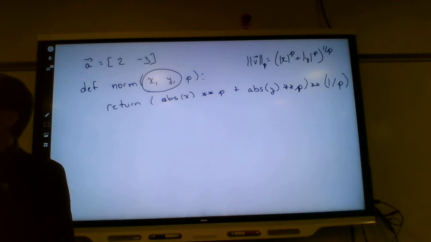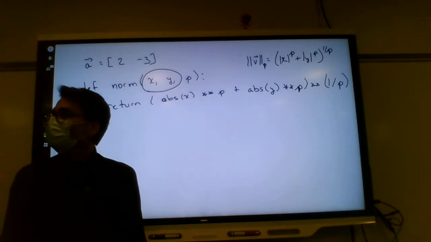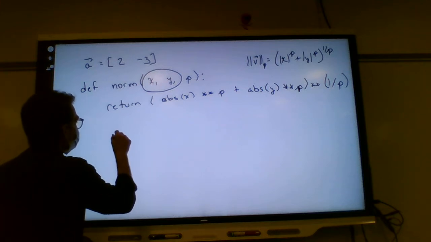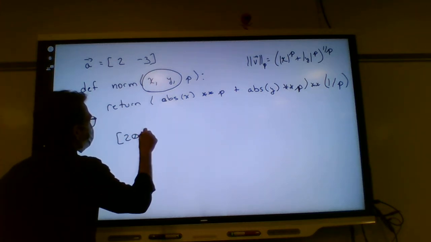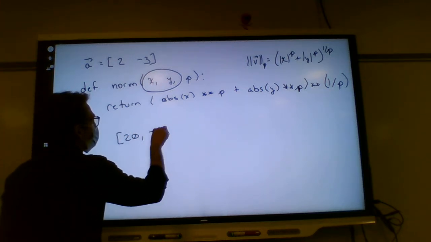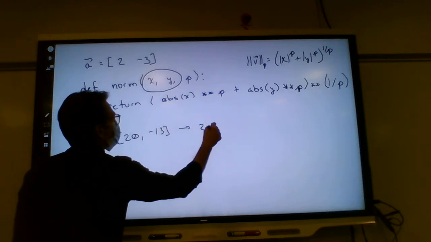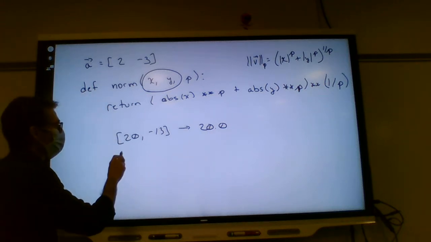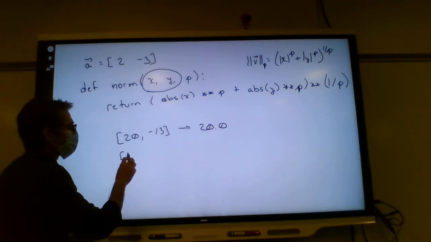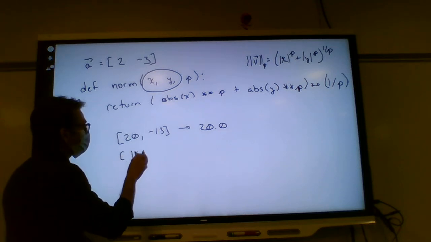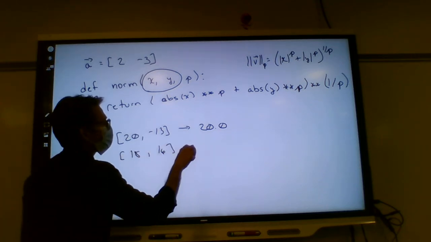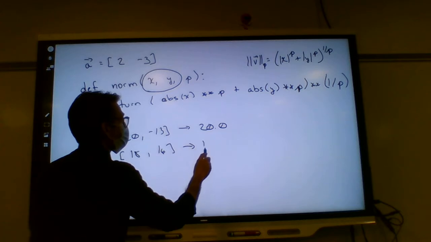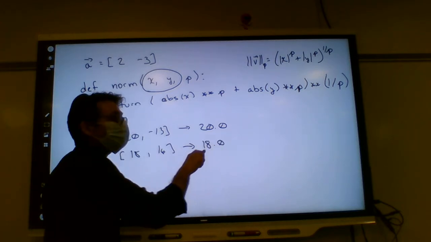So what vector did you put in? I just keep typing something. When I put 20, negative 13. You put 20, negative 13? And it gave you? 20.2. What did you put in? 18 and 16. 18 and 16? And it gave you? 18.